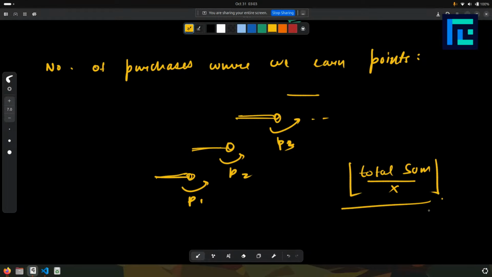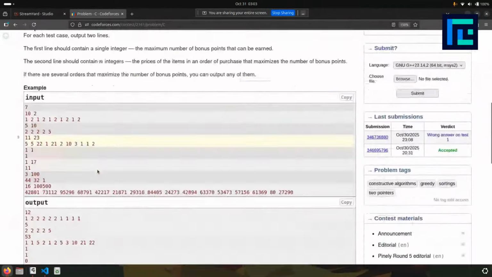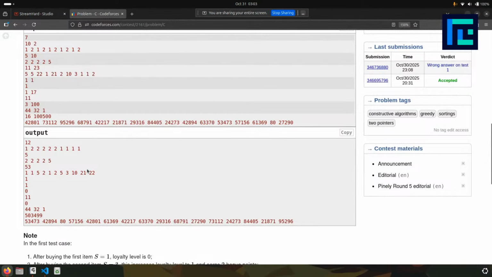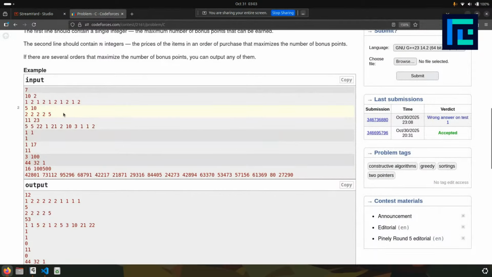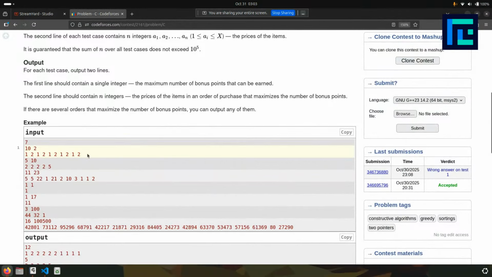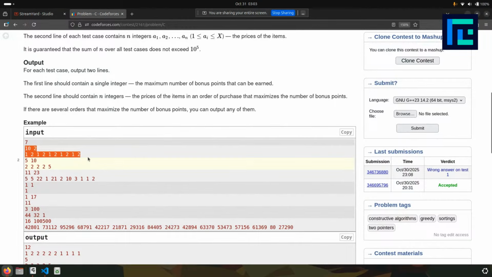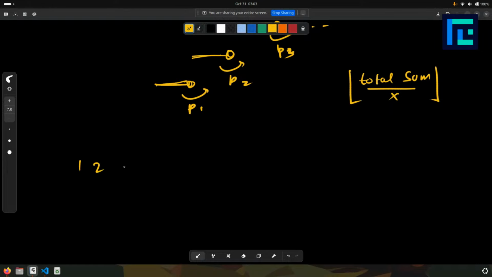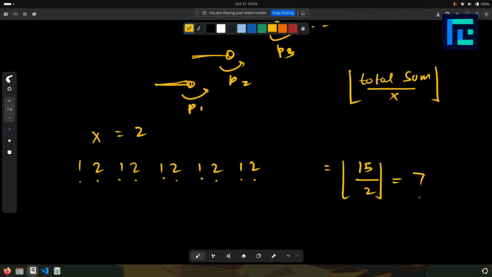I'll help you understand this through a test case. Let's take the number of purchases as 10, and this test case: 1 2 1 2 1 2 1 2 1 2, and the loyalty factor we are given is 2. So what is the total sum? The total sum is 15, and 15 upon X would be 7, floor.